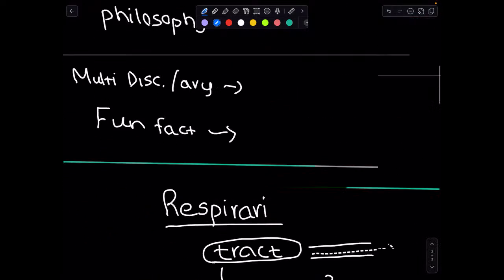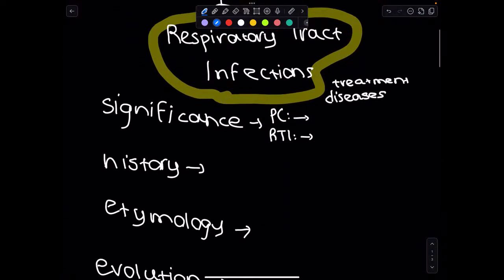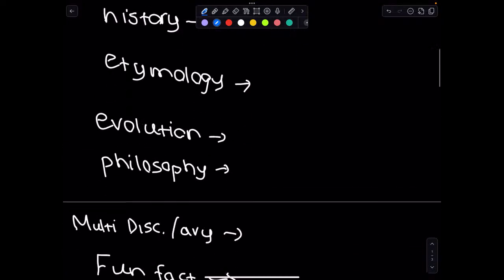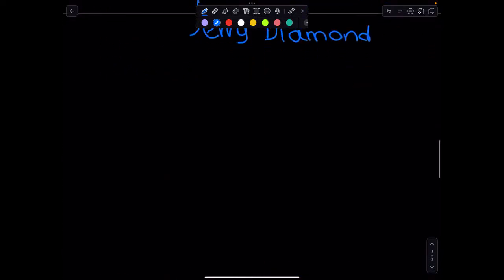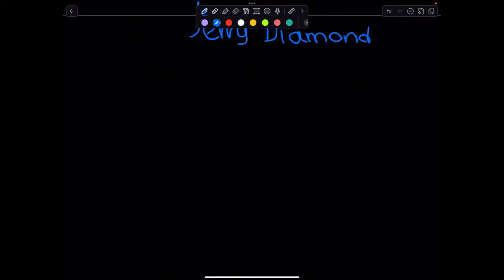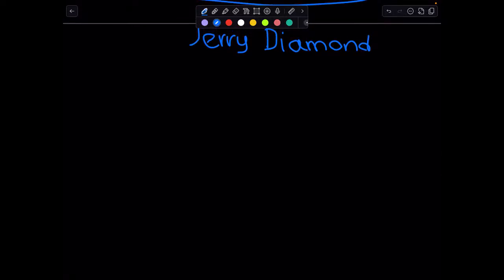Okay, we kind of naturally talked about the significance and the history and the etymology. So let's jump a bit deeper, shall we? So how should we be thinking about medicine? I guess one way is to think of it in terms of systems, in a holism kind of philosophical way, right?